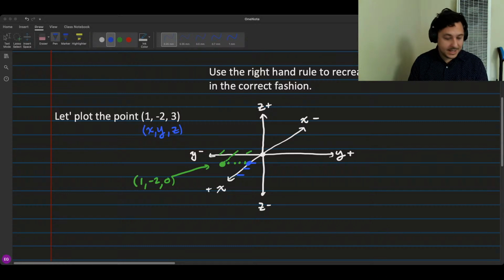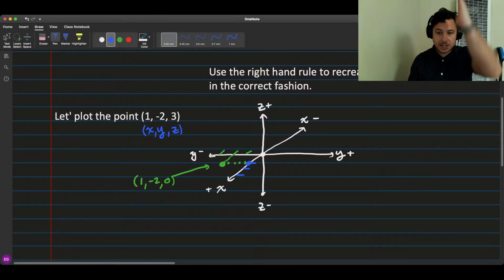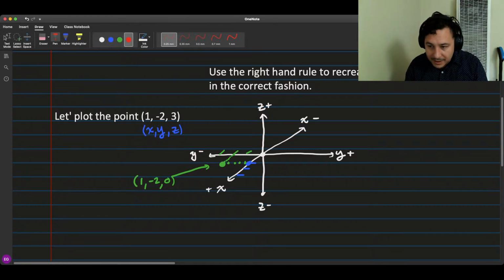Now, the 3 tells me I need to shoot upwards 3 through the z-axis. So I'll put these little dots showing I'm going up. And this is our final point: 1, -2, 3.